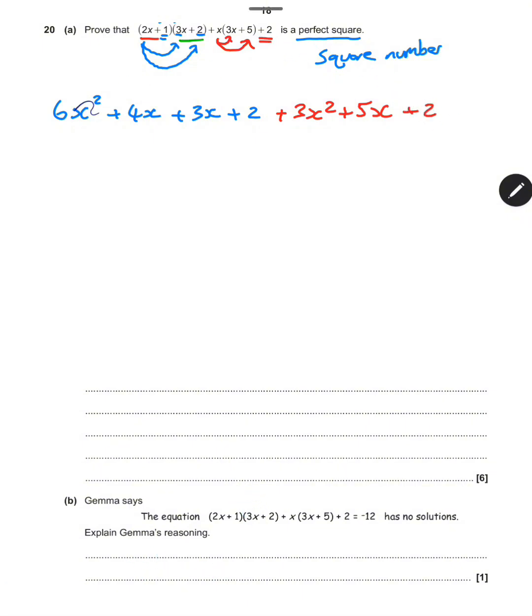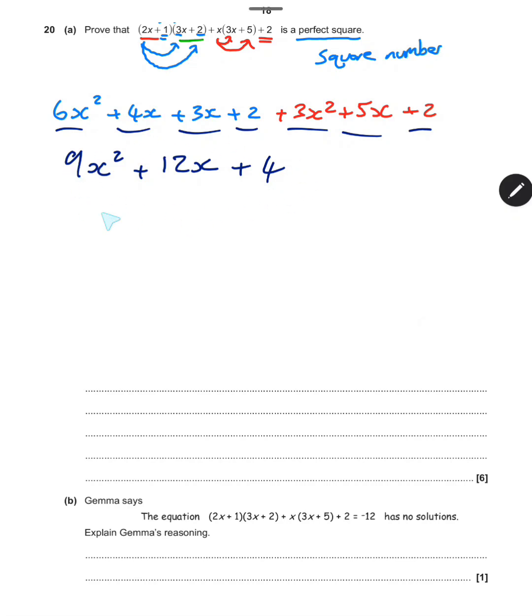And even if I don't know where I'm going with this, I've just got marks for expanding brackets. We've actually got things we can simplify. 6x squared plus 3x squared is 9x squared. We've got 4x, add 3x, add 5x, that's 12x's. And then we've got plus 2, which is plus 4.